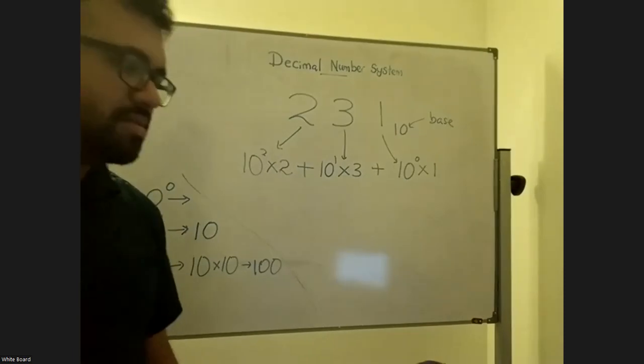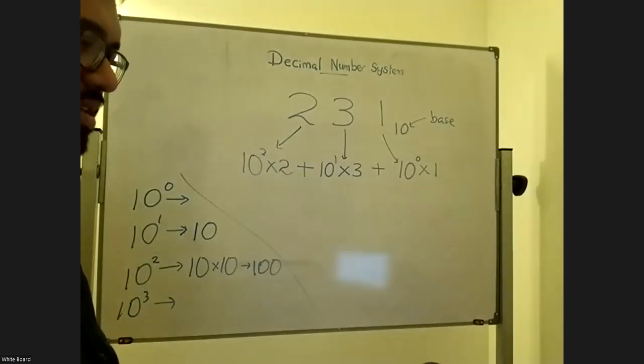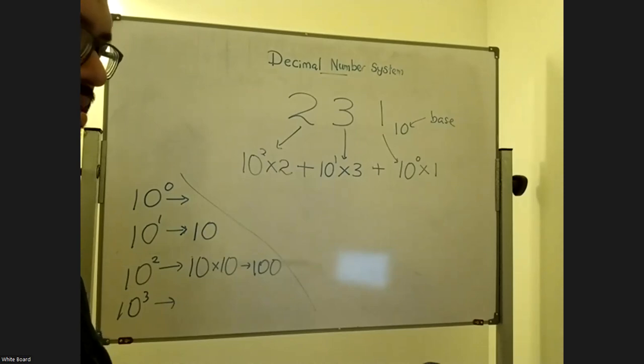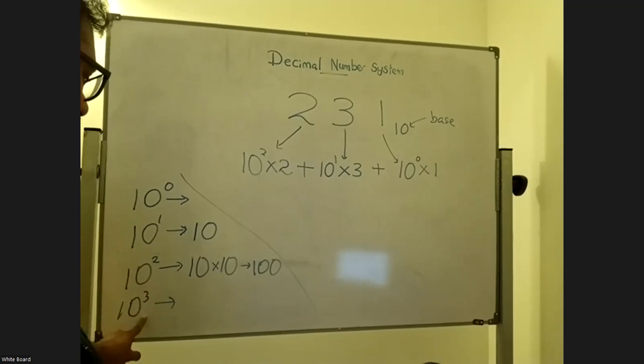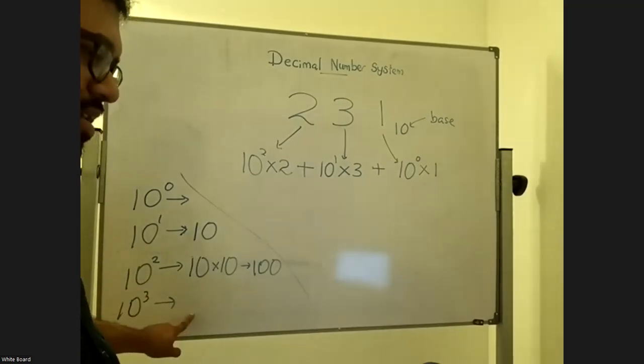You can see the pattern. 10 to the power 0, 10 to the power 1, 10 to the power 2, 10 to the power 3 is going to be 1000.